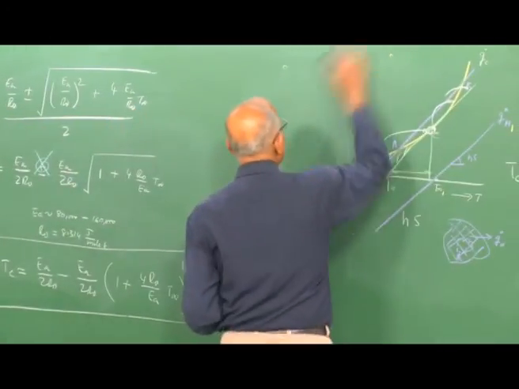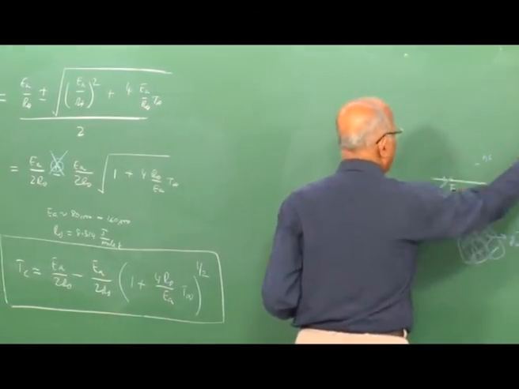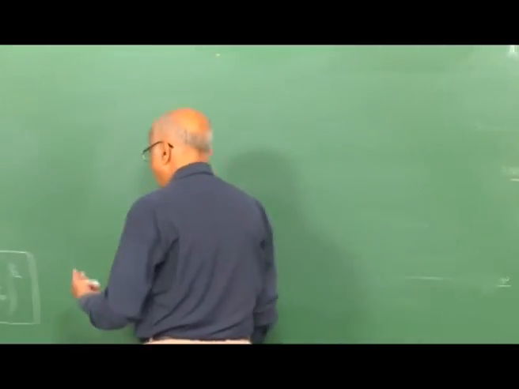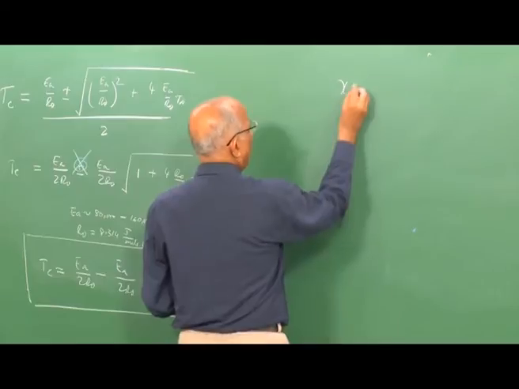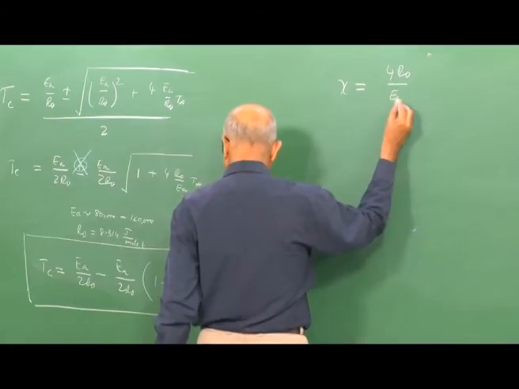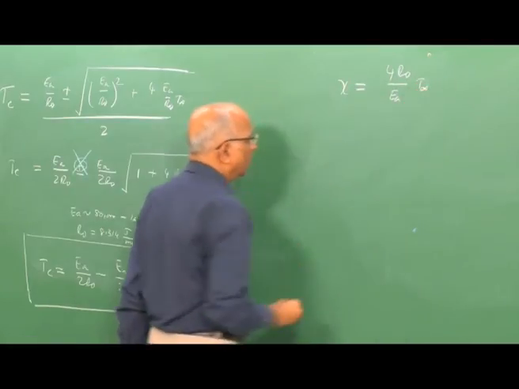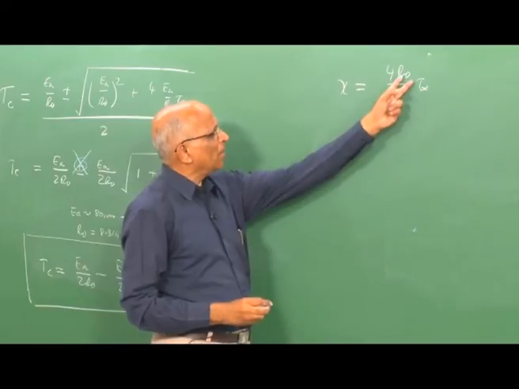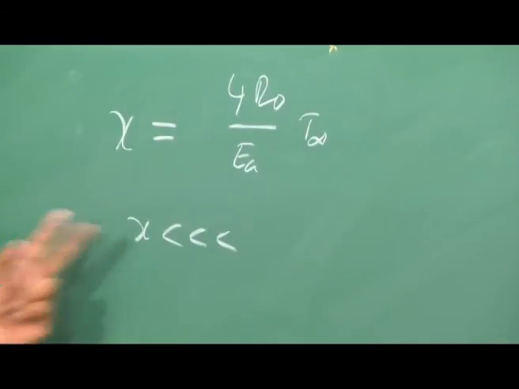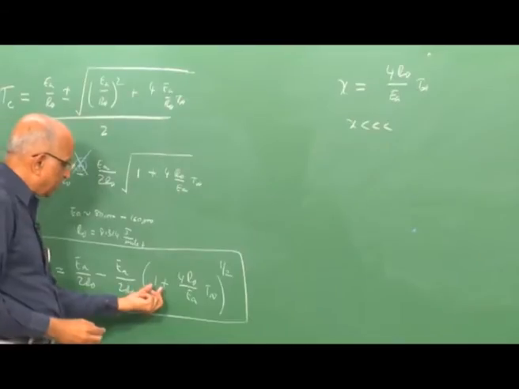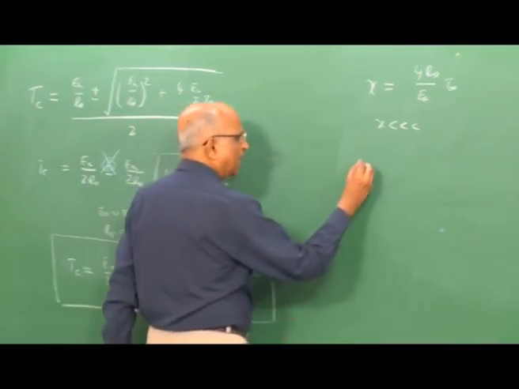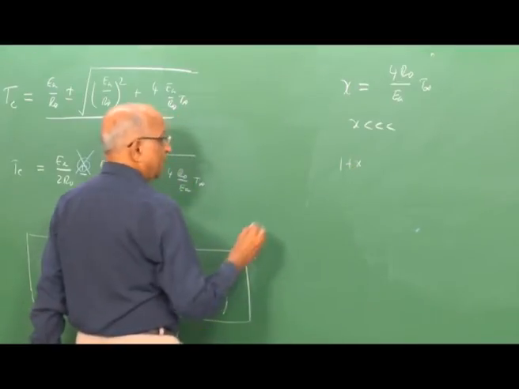Let me assume that x is equal to 4 R naught divided by Ea into T ambient. Again, Ea is a large number and R naught is a small number, therefore we recognize that x is a small number. If x is small, I can expand 1 plus x to the power half as a binomial expression, and what is it I get?